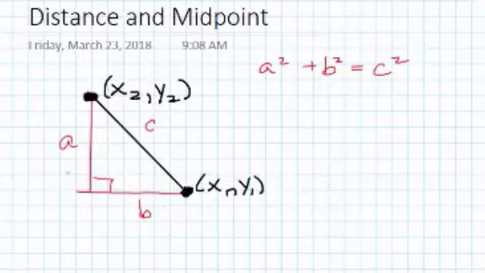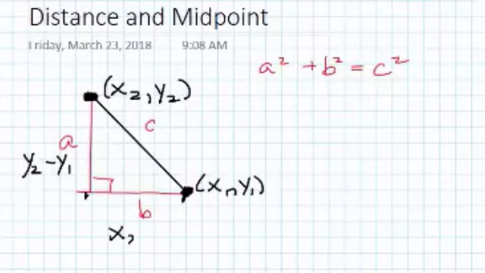For example, here, A is going to be the vertical distance between y2 and y1, which you can get by just subtracting the bigger y value minus the smaller one, or the smaller minus the bigger and just using the positive version, the absolute value. And then for B, it's the horizontal distance between these two x values, so it's x2 minus x1.